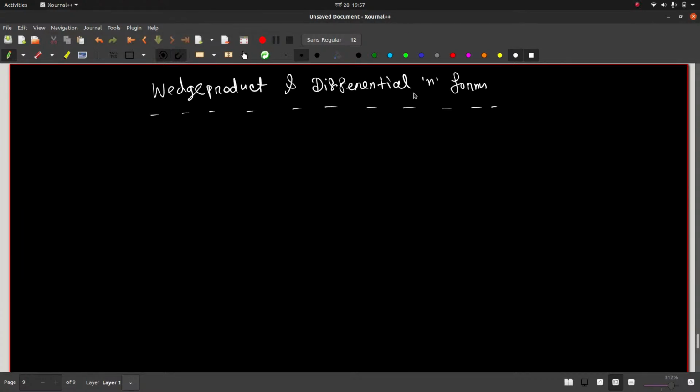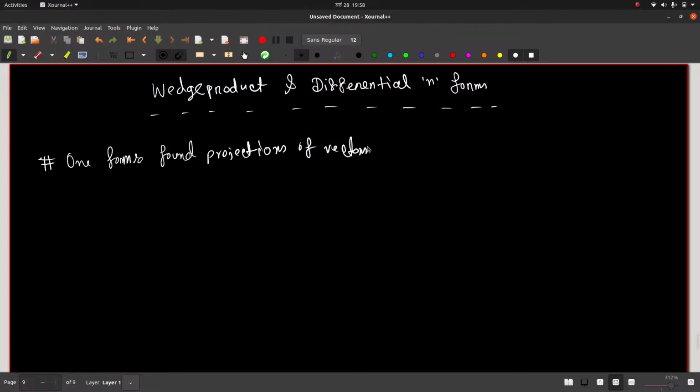So if we recall that, that means what one forms did is that one forms or differential one forms found projections of vectors along a basis or an axis, whatever you want to call it.